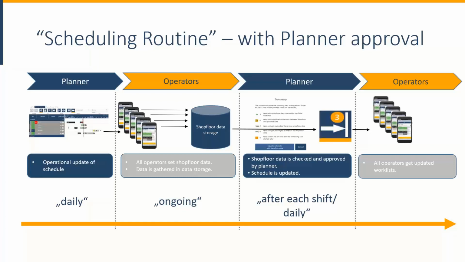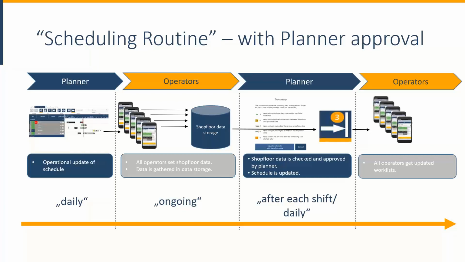Once this approval is done, this leads again to an updated schedule and a new work list. So this is the scheduling routine when the planner does the entire approval. And what I have seen, this might be the most preferred way of structuring the scheduling routines of our customers.